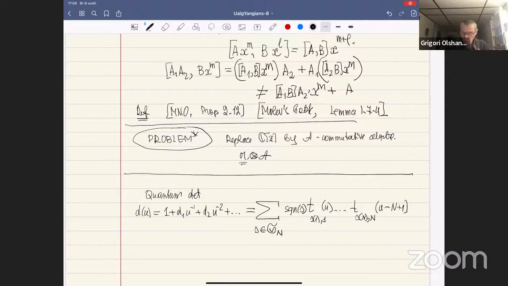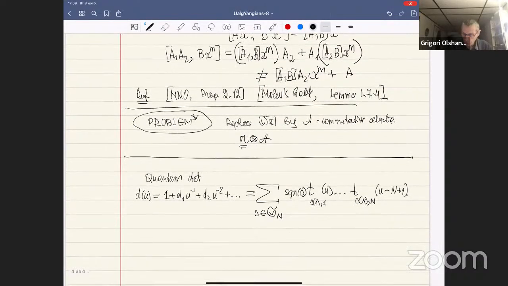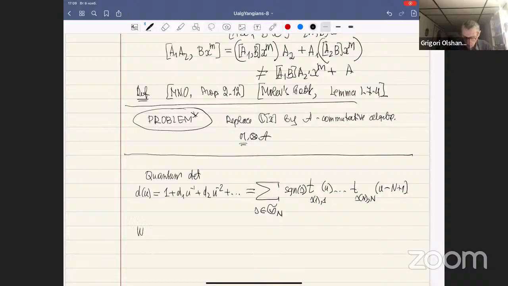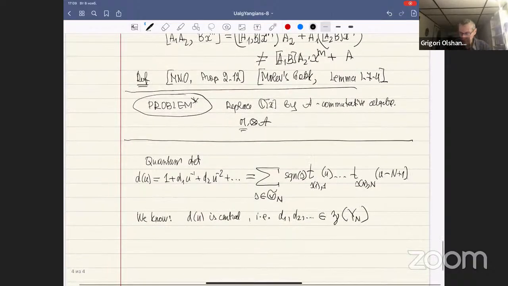And we know, I have proved it, so we know it is central, which means all these elements belong to the center of the Yangian. So I gave a proof, a little bit tricky, but nevertheless.